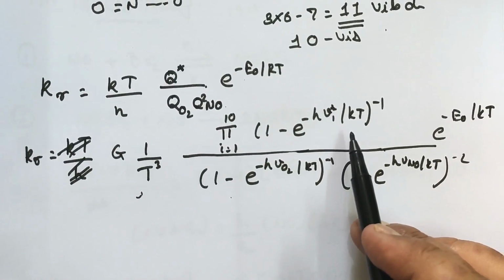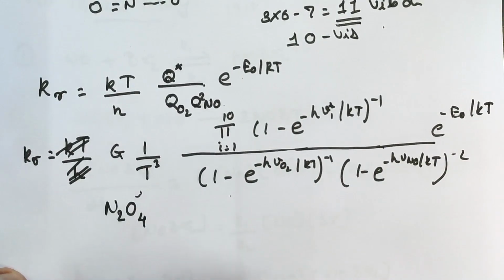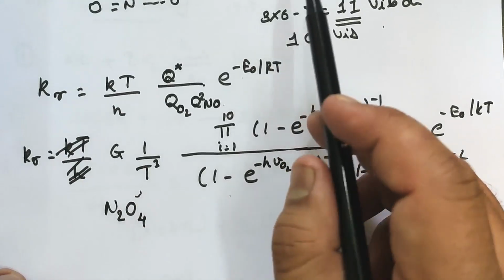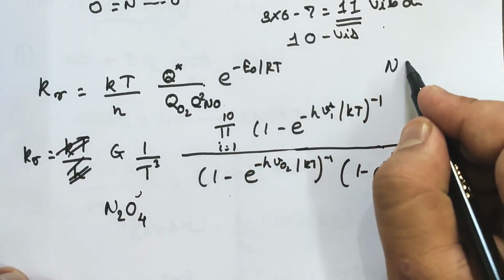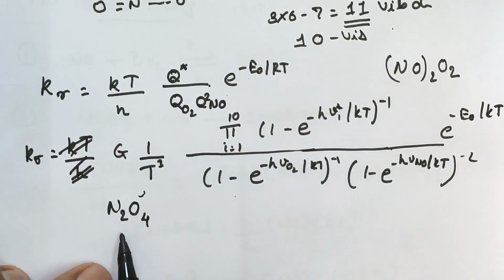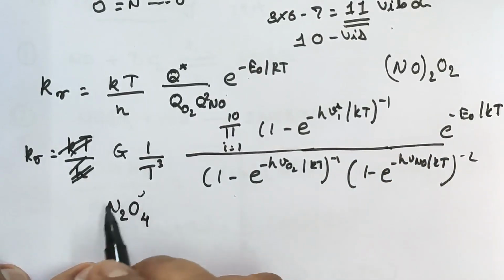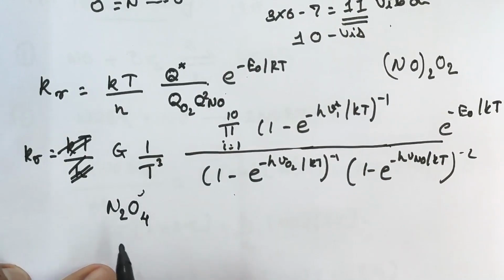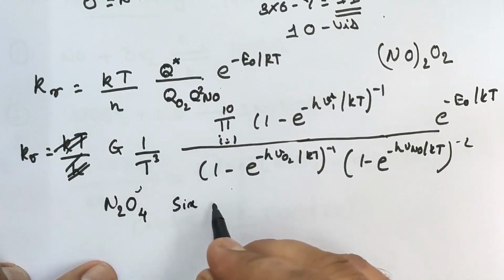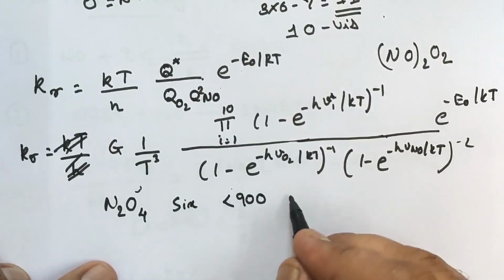To know these vibrational frequencies, it was proposed to use the vibrational frequencies of the N2O4 molecule having the same composition, that is, we are basically considering our complex as NO2O2. The structures of both are different, but the values of the vibrational frequencies are almost similar, and we can use the vibrational frequencies of N2O4, and only 6 values which are less than 900 centimeter inverse.